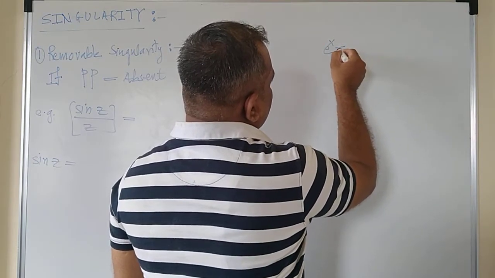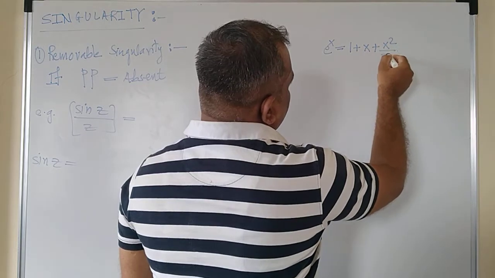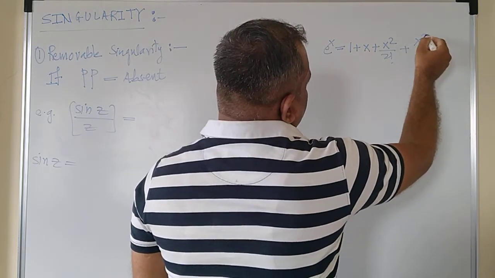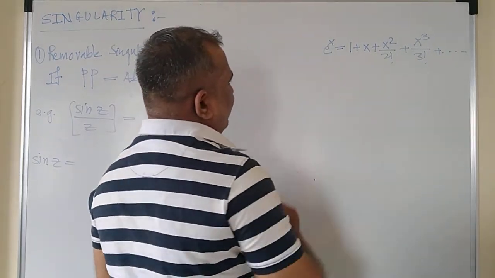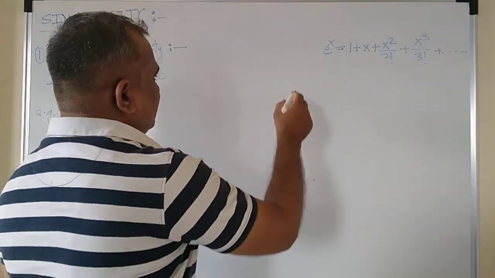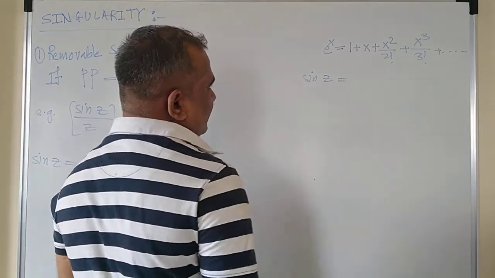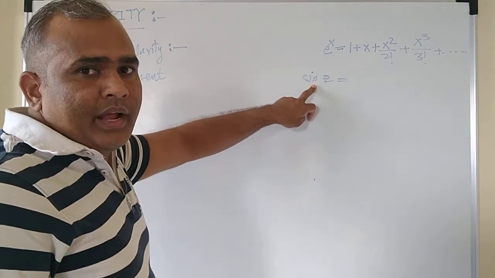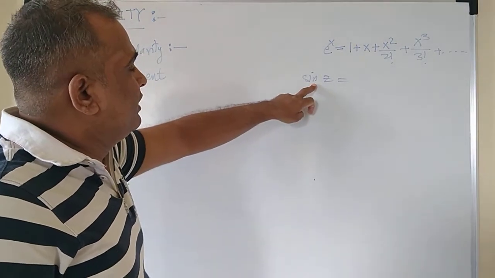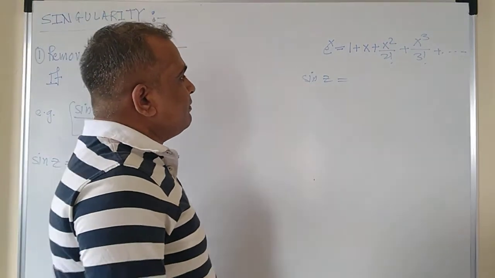e raised to x is equal to 1 plus x square by 2 factorial plus x cube by 3 factorial plus dot dot dot. You might be knowing this. And sin z is an odd function, z or x, you can use any variable. Sin is an odd function, and hence it starts with power 1 and alternate plus minus signs.